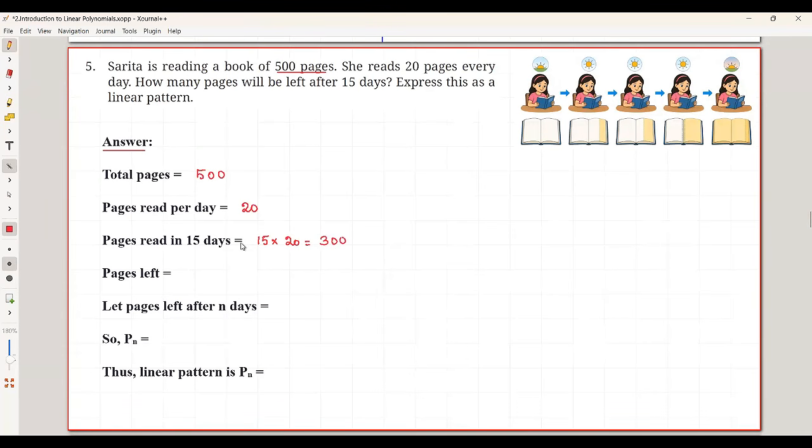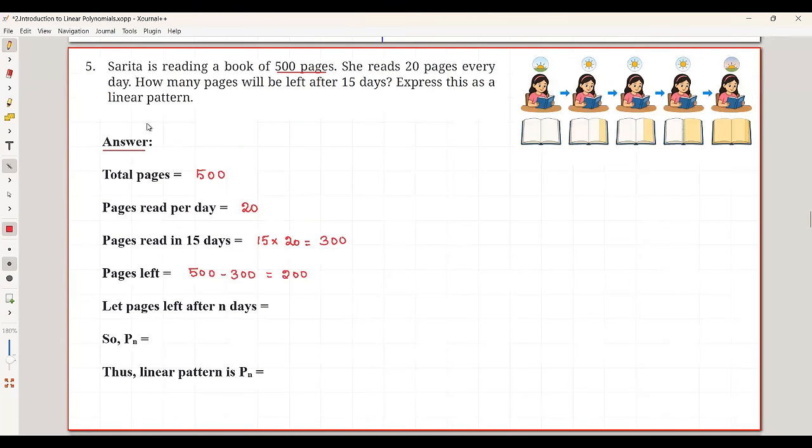For 15 days she reads 300 pages. Now we have to find out how many pages are left. 500 minus 300, so 200 pages are left.